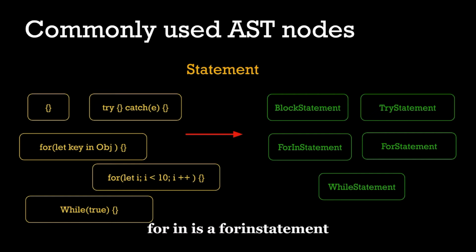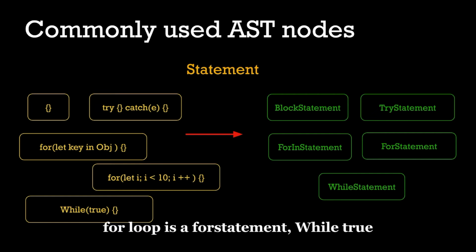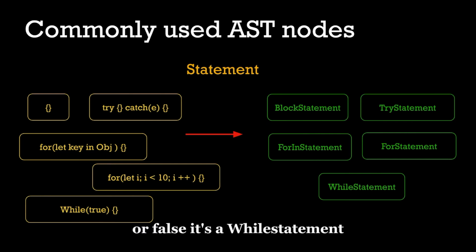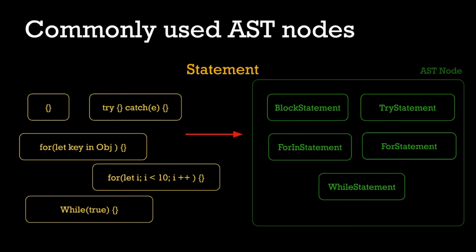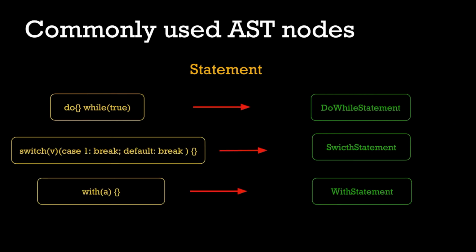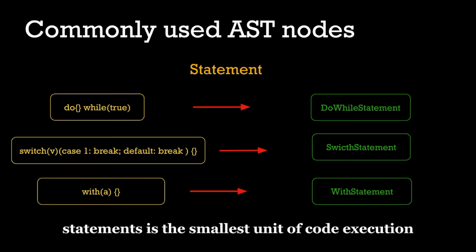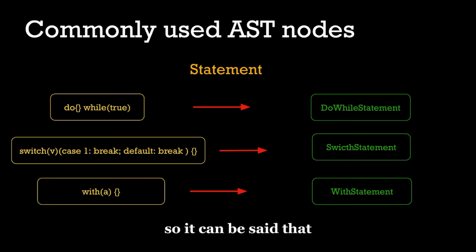For in statement. For loop, it's a for statement. While true or false, it's a while statement. And there are a few more examples here. Do while, switch, and with statement. Statements are the smallest unit of code execution, so it can be said that code is composed of statements.